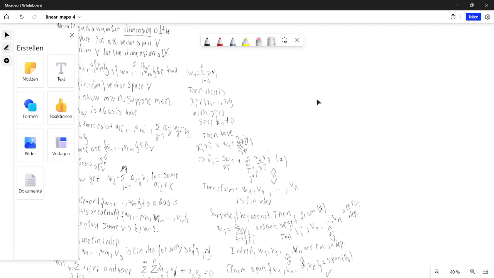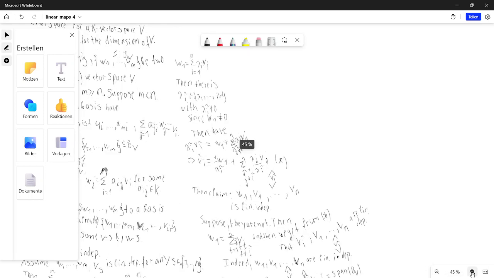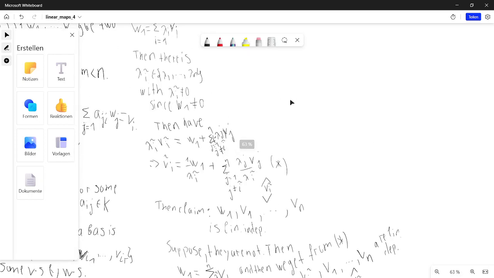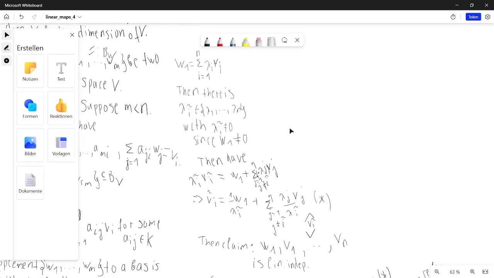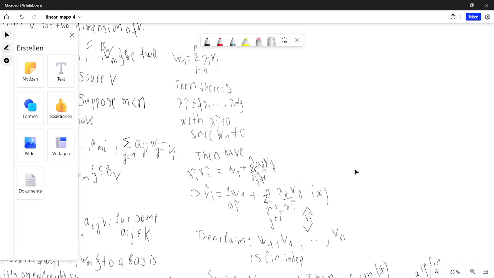Right, you recall this procedure? We wanted to smuggle in this W, and we only needed some lambda I tilde, which was not zero in this representation. Right?